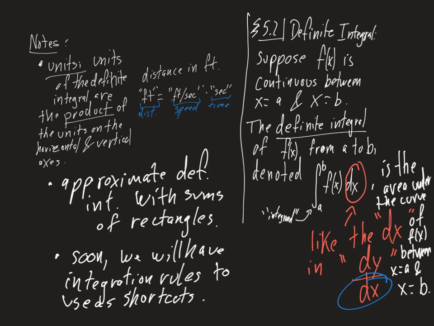Again, just like we did with derivatives, we had all these rules for derivatives. And yes, there's a lot of them to learn, and yes, it's not necessarily easy, but it's much faster, actually, to use those rules than to try to constantly approximate all those derivatives by hand. Well, the same is going to be true for integrals. We're going to have a set of rules for those as well.